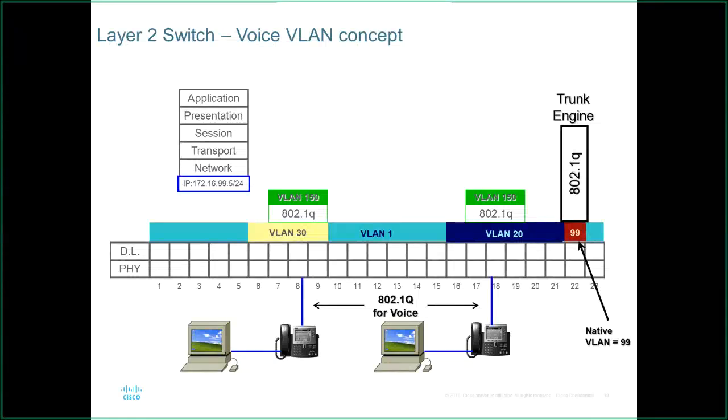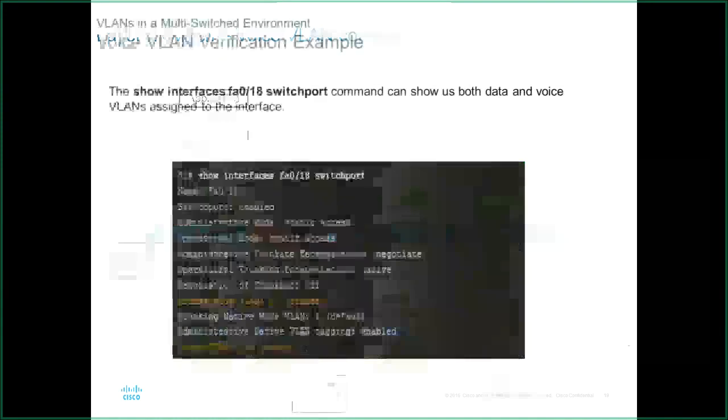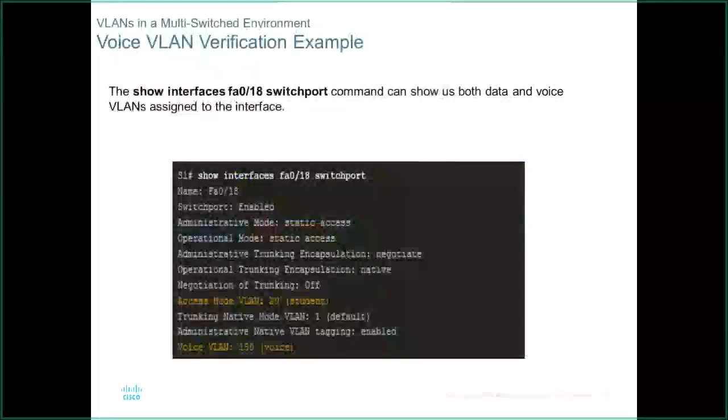So the trunk is using 802.1q and the PCs are untagged, they're native traffic across that individual trunk, and then works as its own thing from that point on.